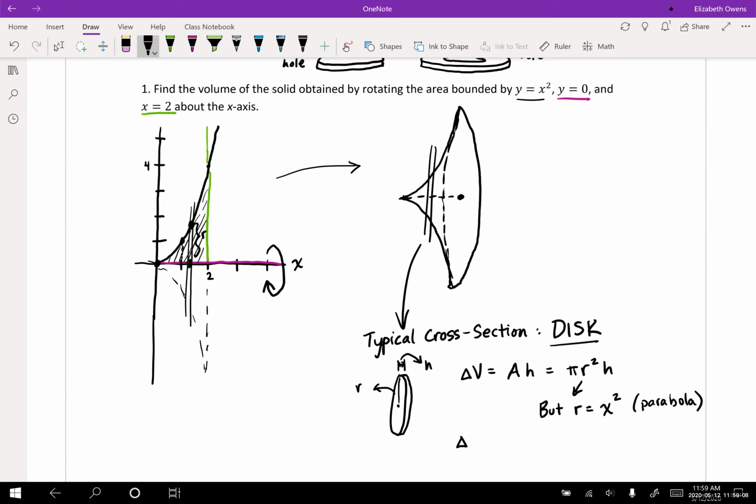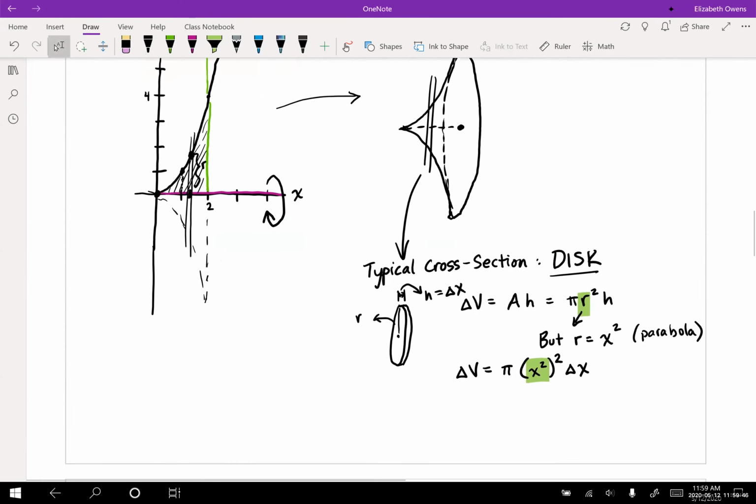So our little delta v expression we could write as pi r squared times h. R gets replaced by x squared. So pi r squared, and then h is a tiny change in the x direction, some sort of delta x.